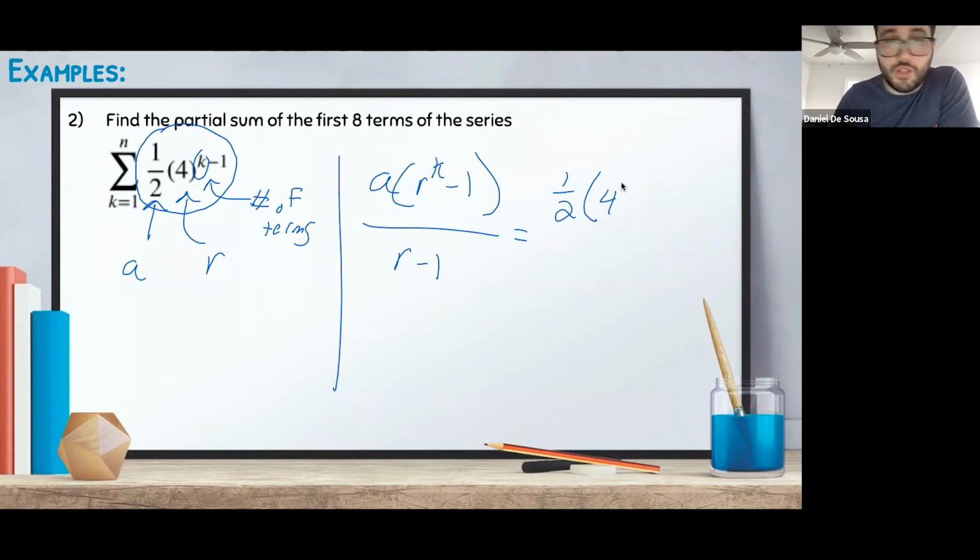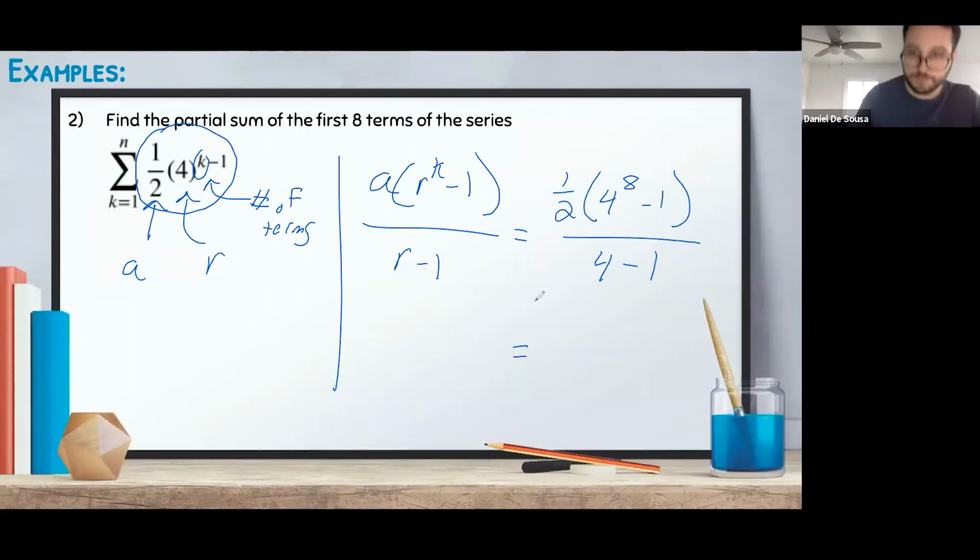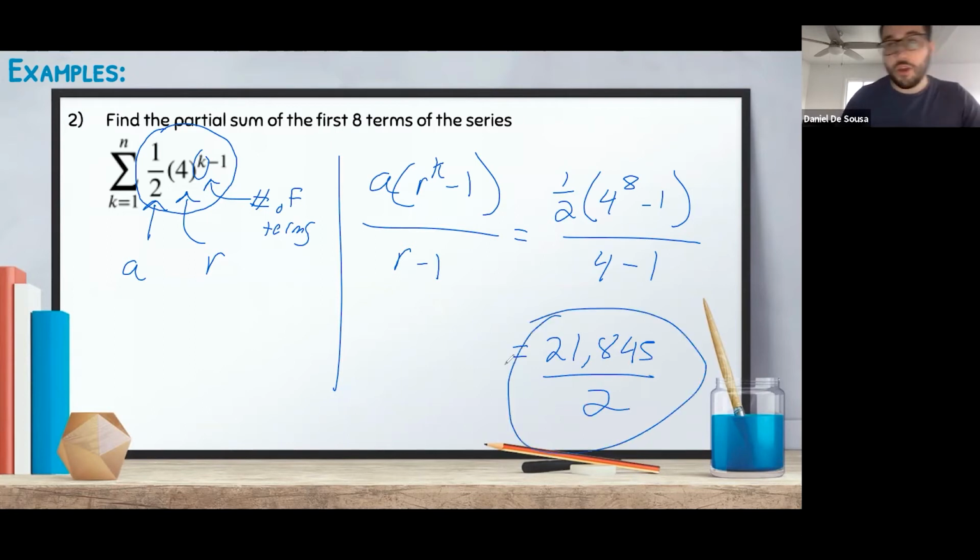So 4 to the K power is 8 minus 1, all divided by R, which is 4, minus 1. That's it. And again, you should get something along the following: 21,845 over 2. Again, no decimals.